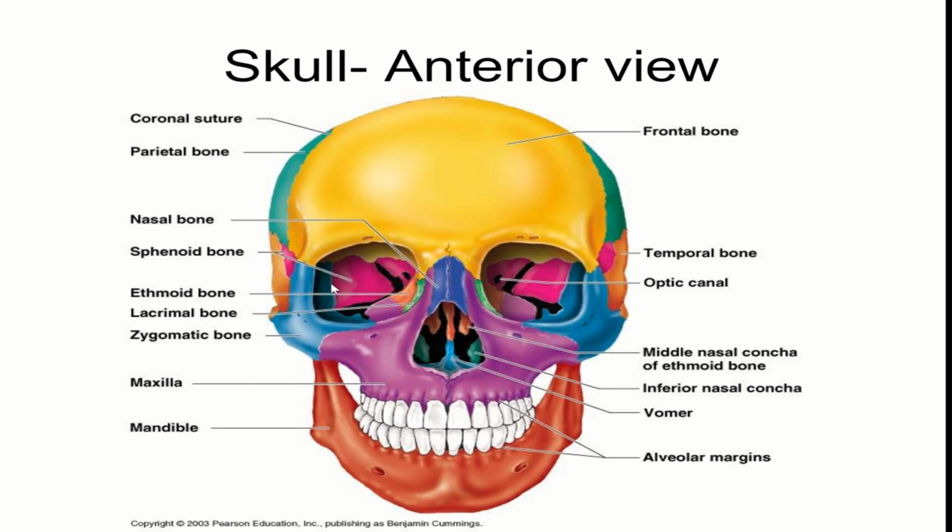So just make sure you're aware to track lines, so that you know which ones you need to label. The reason I'm not having you label all of these bones is that we get better visuals on certain bones in different views. So these are all the ones that we get really good views on from this direction. So we're going to just label the ones that we get really good views on here.